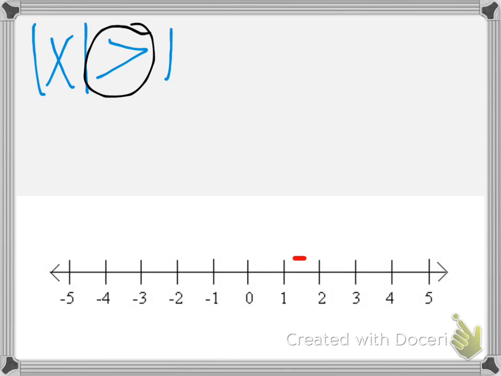So I know that any number to the right of +1 has a distance to 0 that's greater than 1.